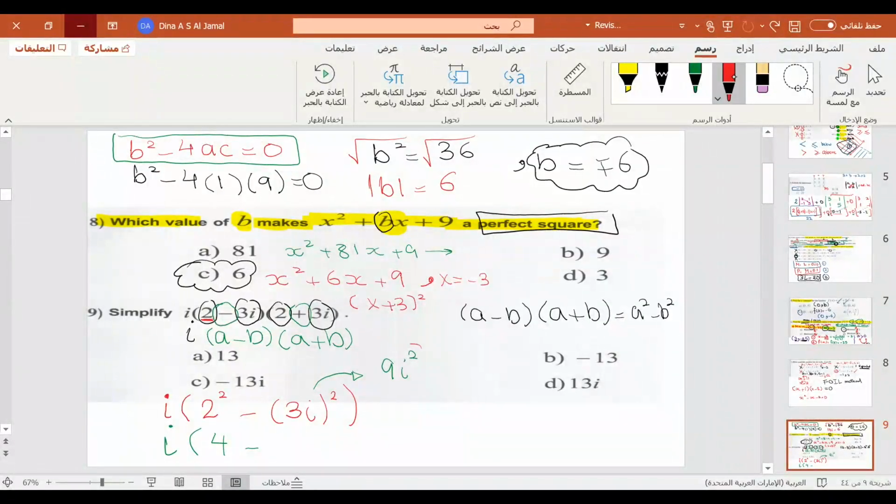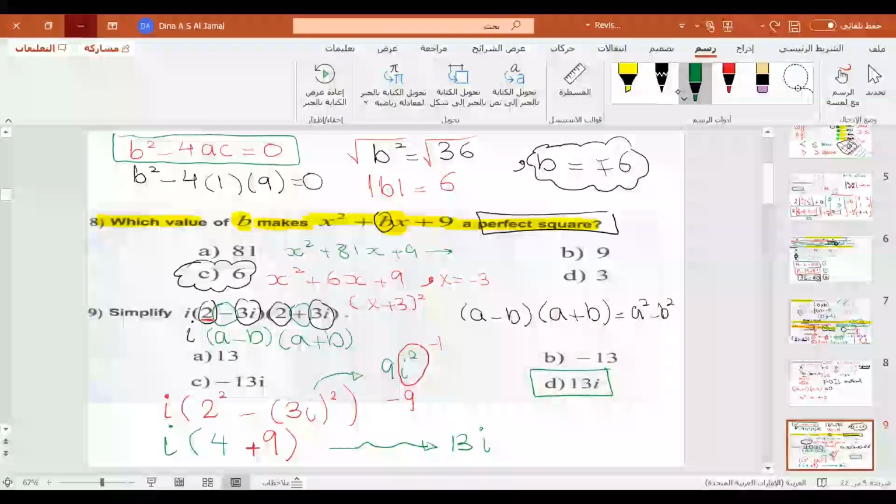And we know that I squared is minus 1. So it will be minus 9. So you are having minus, minus, so you will shift it to plus. And then you can add it, and this will be giving you 13I. And this is your D.